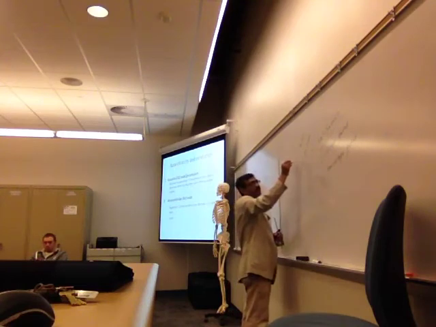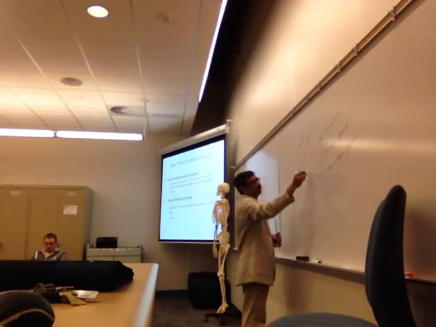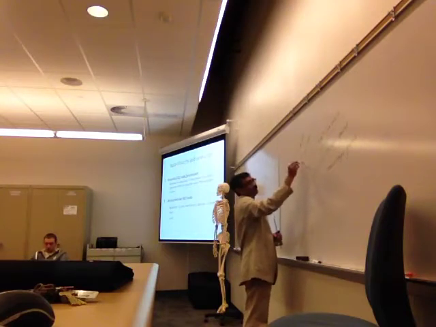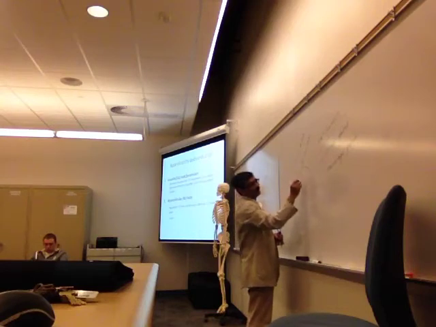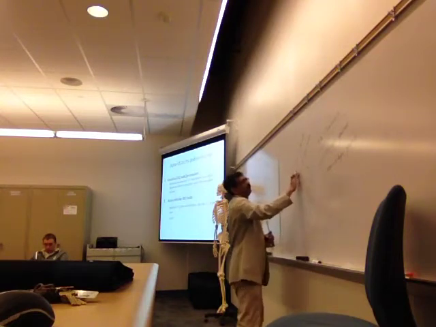So if this is your heart, I'm not good at drawing, you know that. Trying to draw the heart, not good. Okay, whatever. So it's the interventricular septum, not too bad.